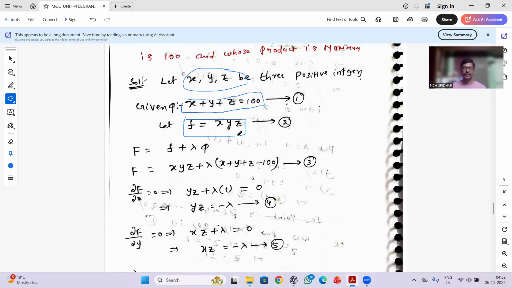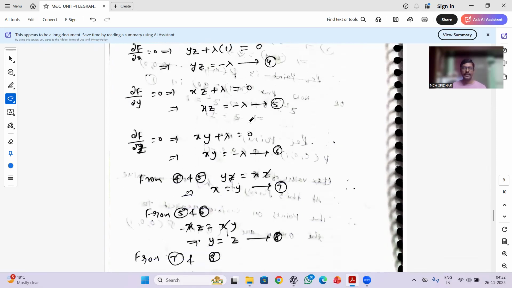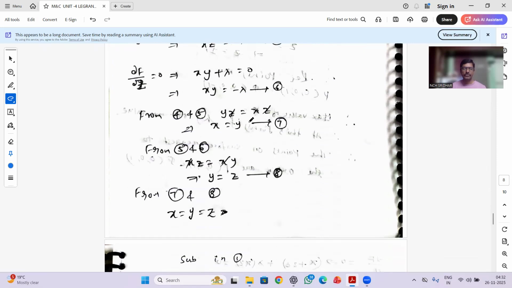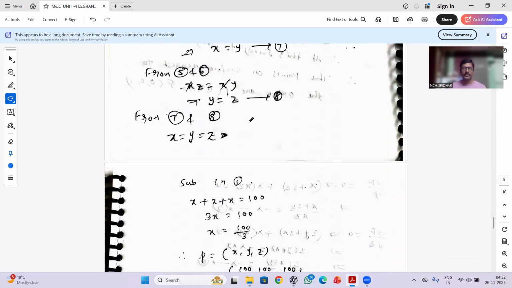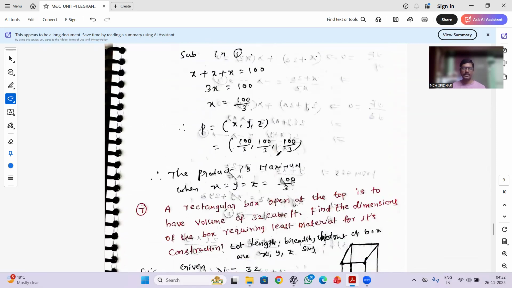Product means xyz. So taking the Lagrange's function, differentiating and equating to 0, I am getting the same condition, x is equals to y is equals to z. Now substituting x is equal to y is equal to z in the given condition, I am getting the value. So this is very, very important.